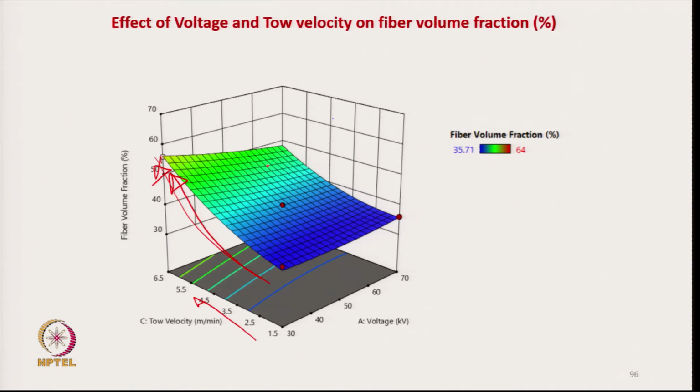of the parameter at different levels, like at 30 kilovolt the rate of change of fiber volume fraction with the increase in toe velocity is higher than at 70 kilovolt. At 70 kilovolt, if we keep the voltage here and change the toe velocity here, the rate of increase in fiber volume fraction is lower.